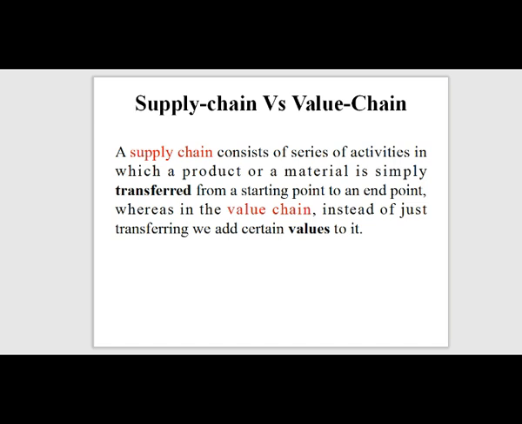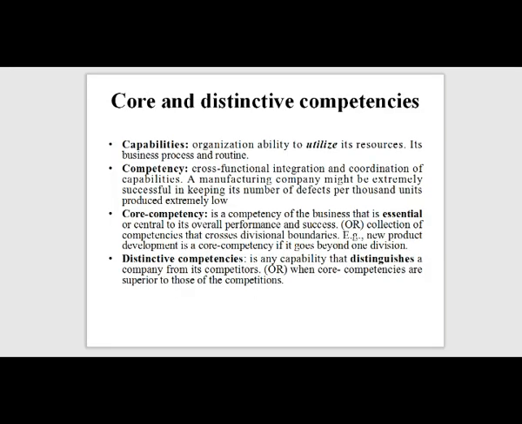If the apples just pass through the same channels without any grading or sorting, then it's a supply chain. However, if at any stage we add some value to the apples, such as grading, sorting, packaging, or cold storage, then this becomes a value chain. So all value chains are supply chains, but not all supply chains are value chains. Please remember that and think over it.